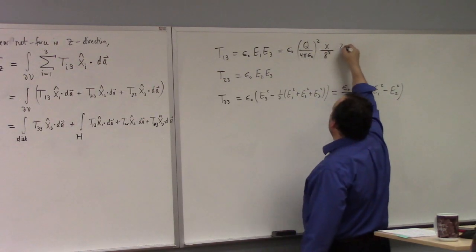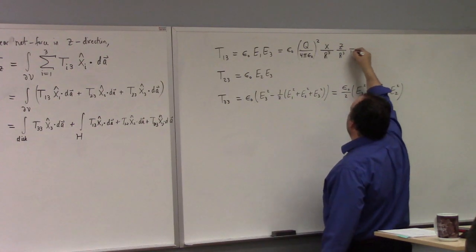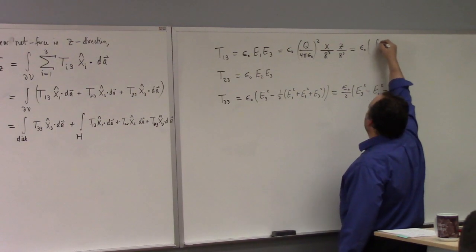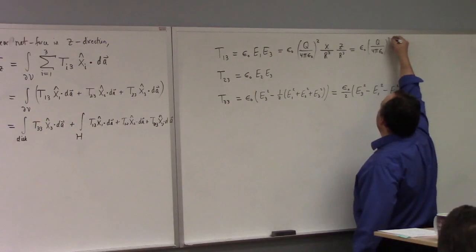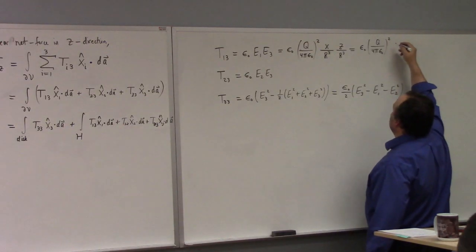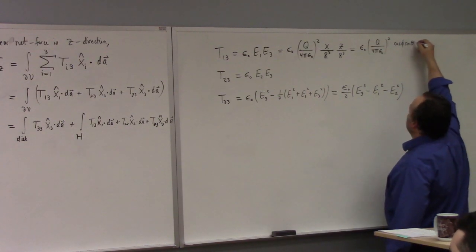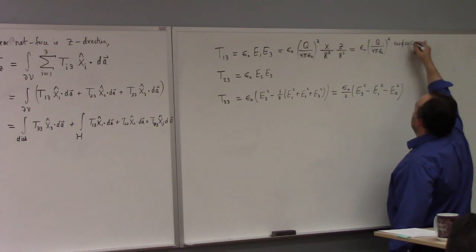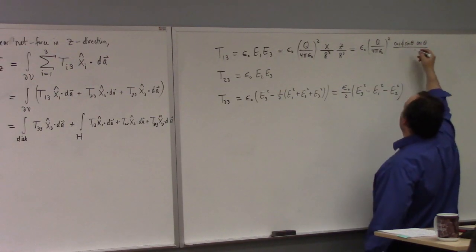So this one is z over r cubed, right? And as you told me, that's really epsilon naught q over 4 pi epsilon naught squared. And so we get a cosine phi, sine theta, and then just a cosine theta, all divided by r to the 4th as it happens.